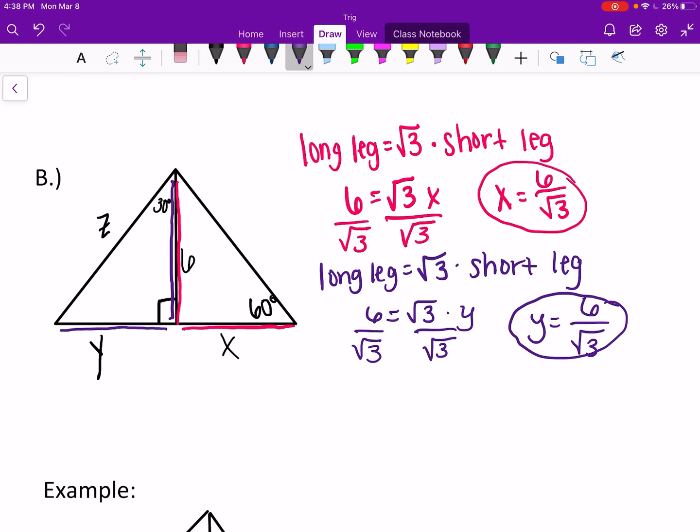So now we have x and y, and we want to find z. Well, z is the hypotenuse of the triangle on our left-hand side. So the part of our theorem that talks about the hypotenuse gives us the hypotenuse is equal to 2 times the short leg.